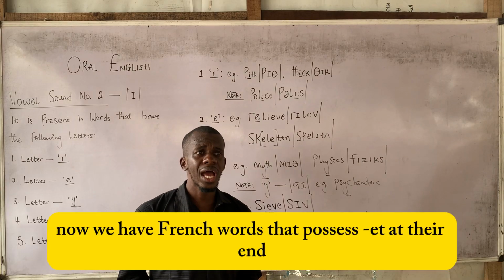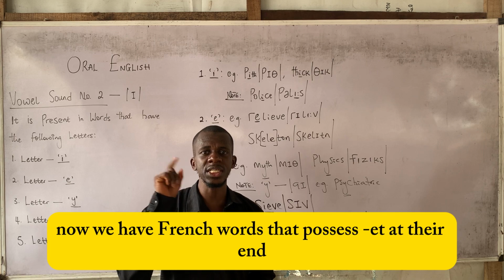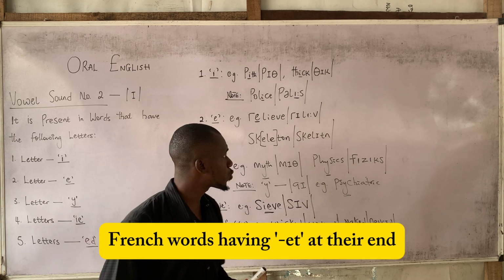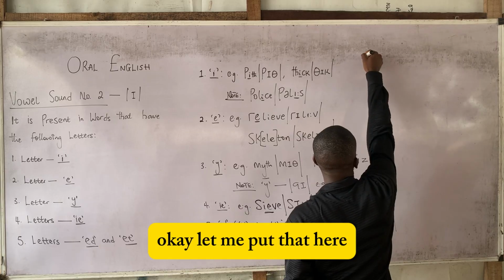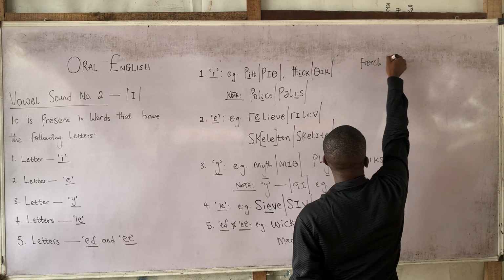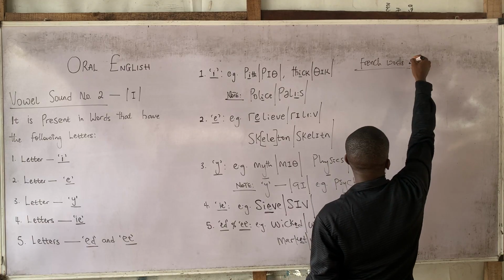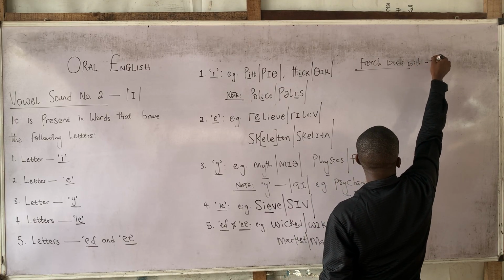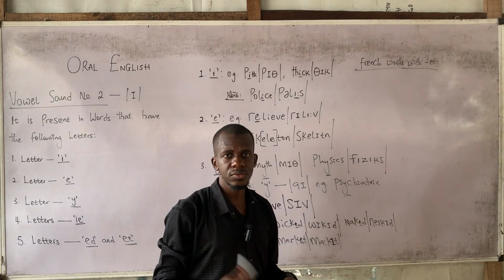All right? Now we have French words that possess et at their end. Okay, let me put that here. French words with et ending.